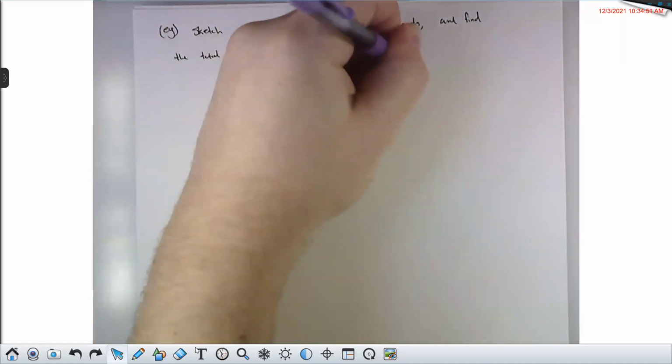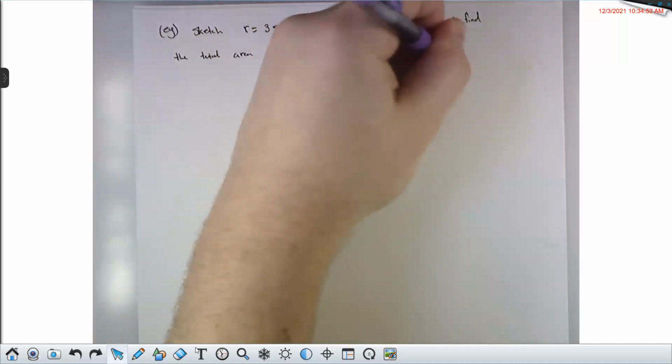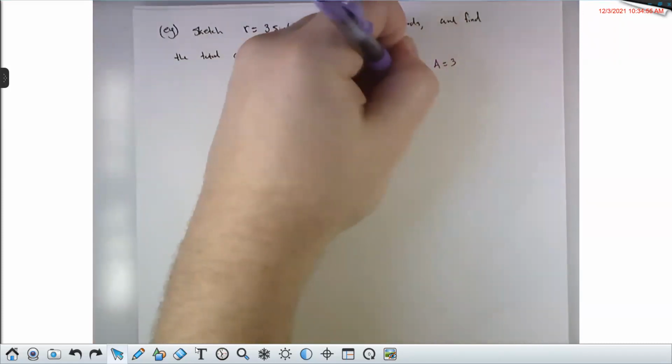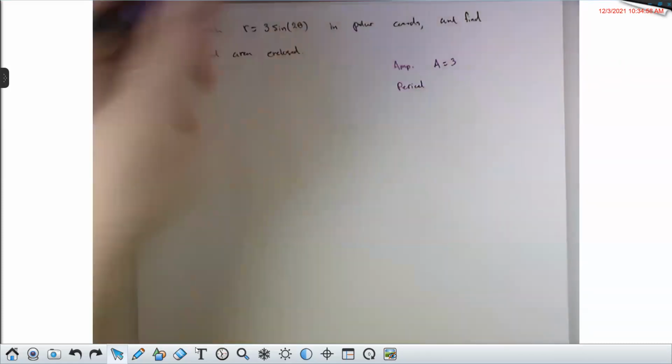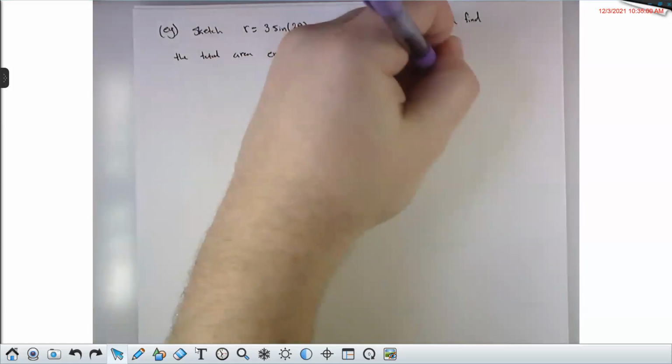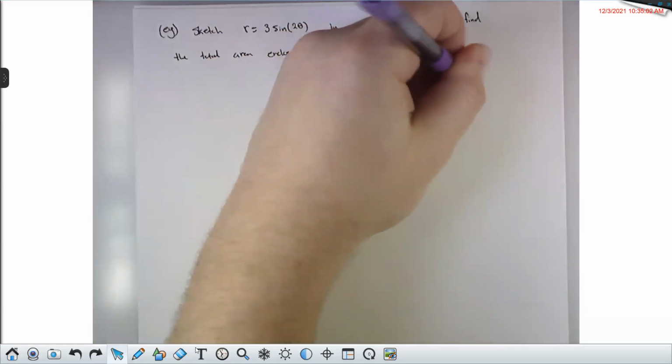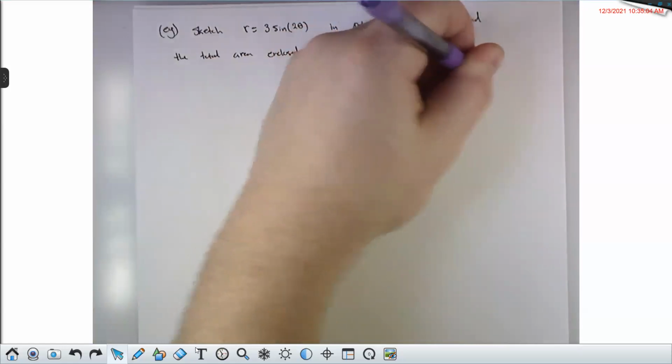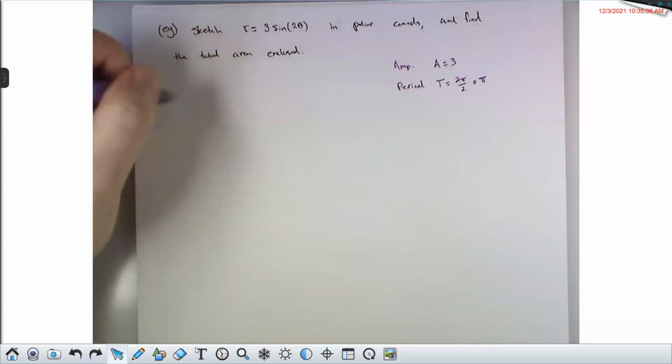The amplitude is 3. The period is 2 pi over 2, which is pi. And there are no shifts.